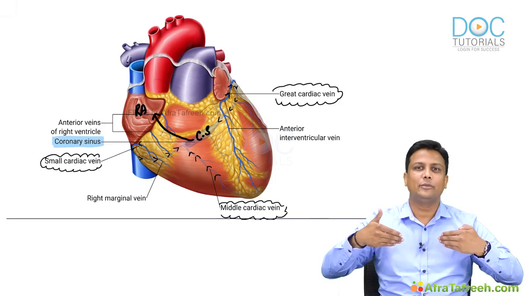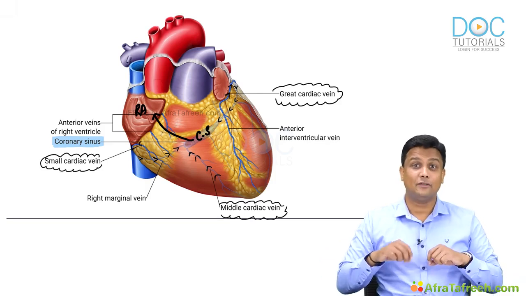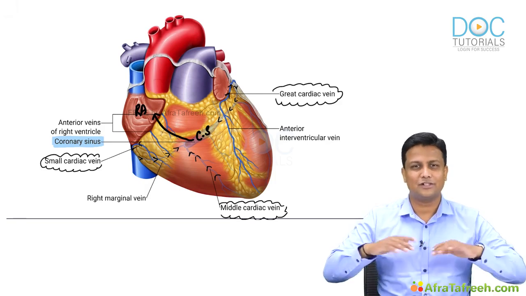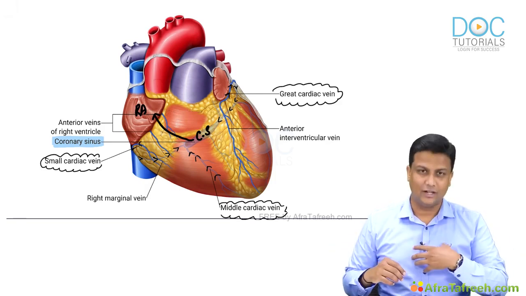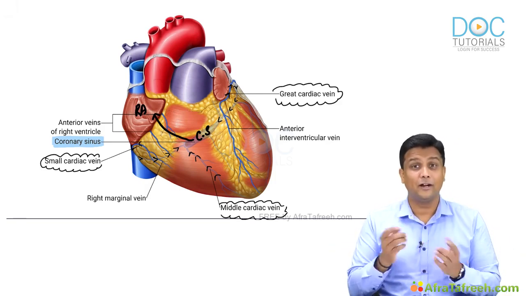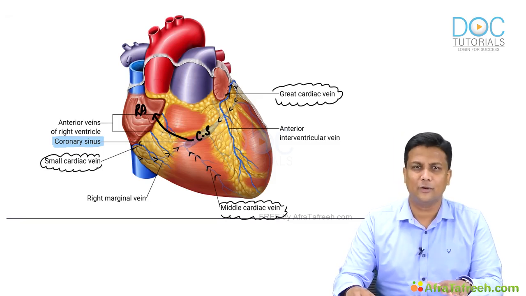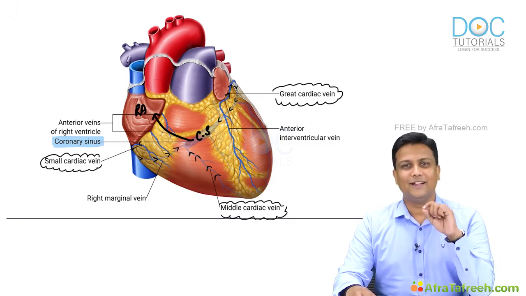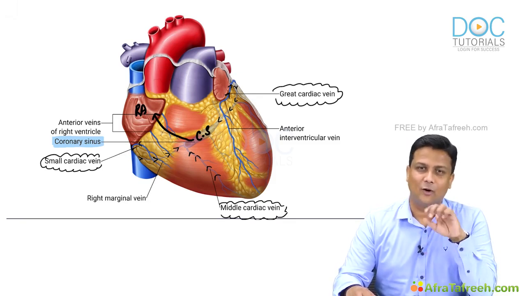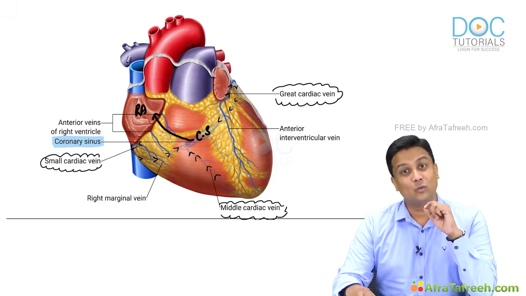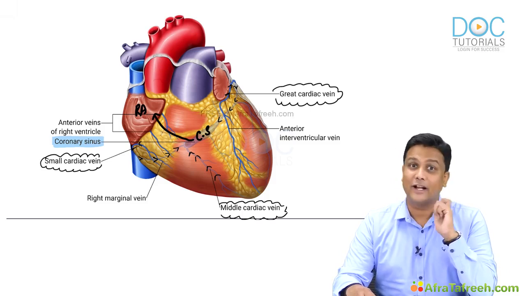From the lower half of the body, blood is collected by the inferior vena cava into which chamber of the heart? Right atrium. Now what is left out? Upper half is done, lower half is done. We are left with the heart itself. From the heart, blood is collected by the coronary sinus and that will also drain into which chamber of the heart only? Right atrium. Why am I stressing this point so much? Already that has been asked in your exams. Understand? So the coronary sinus will drain the blood into the right atrium of the heart.